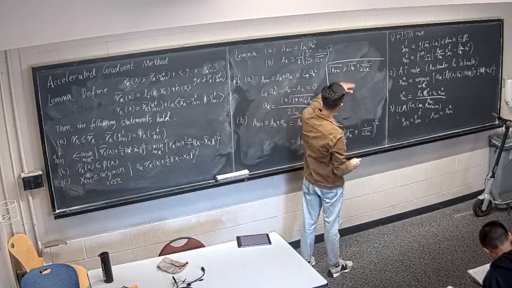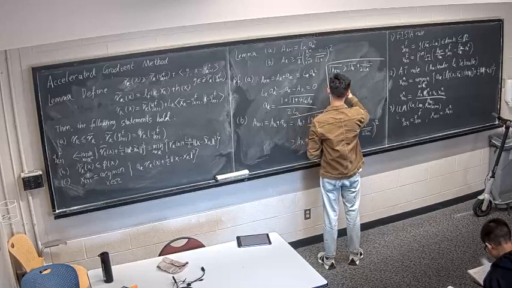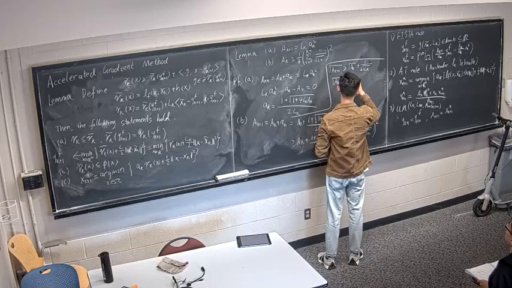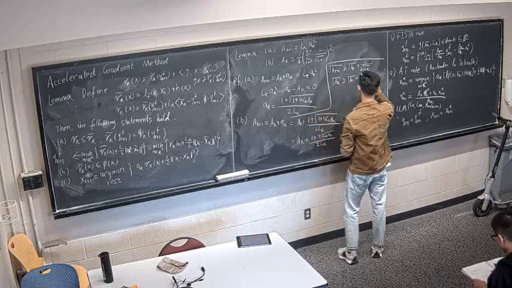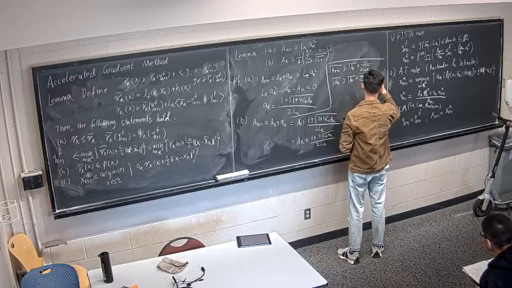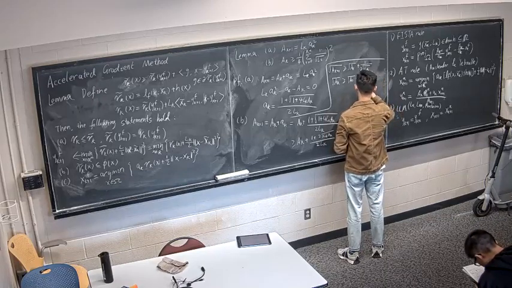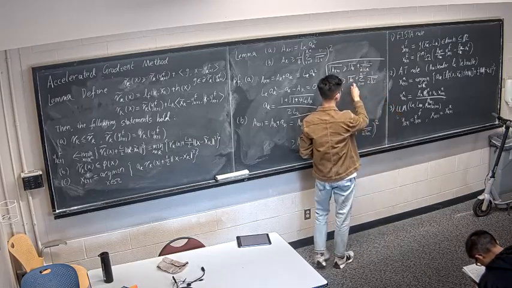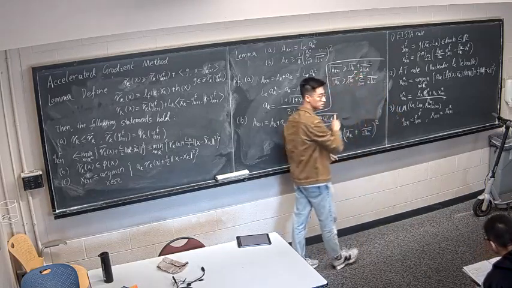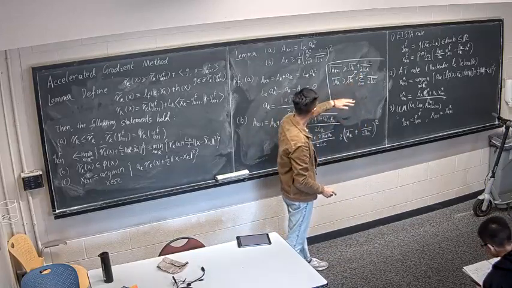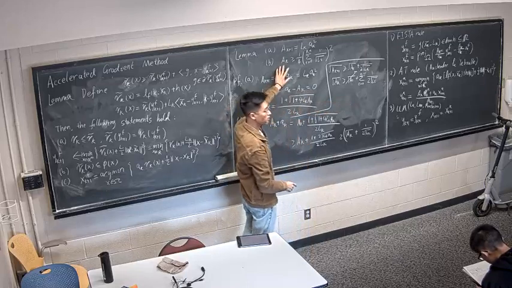So if you sum them up, then in the end you can show capital A_k written down to A_0 plus and this is 0, right? Because the definition A_0 is 0, so it goes away. And then you take the square of the inequality, we recover this statement.